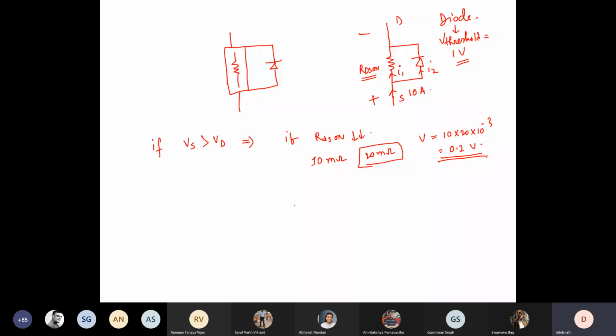If I have a 20 milliohm resistance here, then the current across the 20 milliohm has to be 1 by 20 into 10 power 3, that is 1000 by 20, which is 50 amp. So it needs 50 amp current here if the diode has to conduct. So basically, if current is higher than 50 ampere, then maybe the diode will conduct, but below that, my MOSFET will conduct.